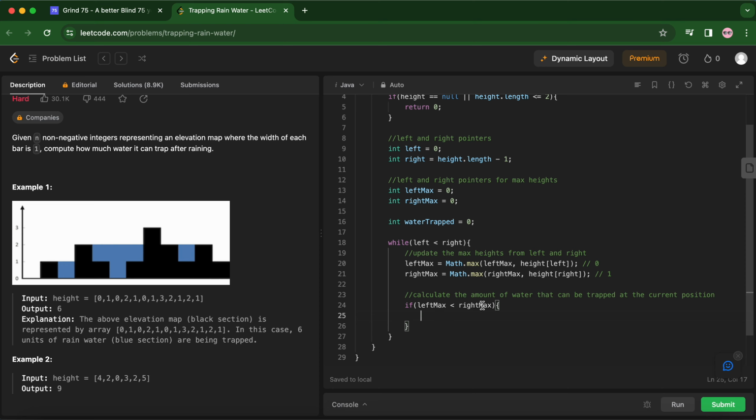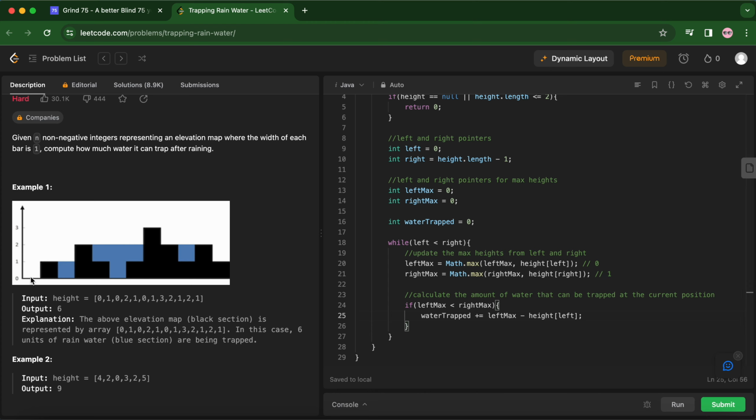So if leftMax is smaller than rightMax, we can simply say waterTrapped plus equal to leftMax minus height[left], right?